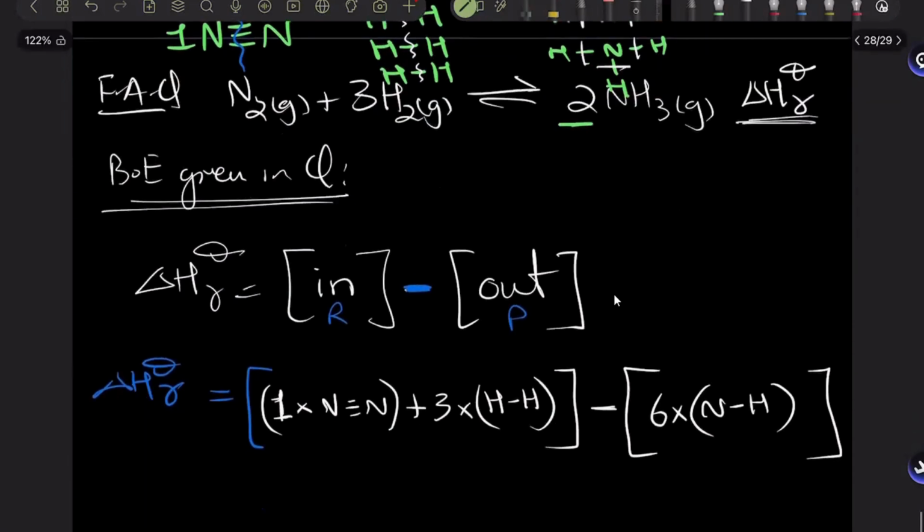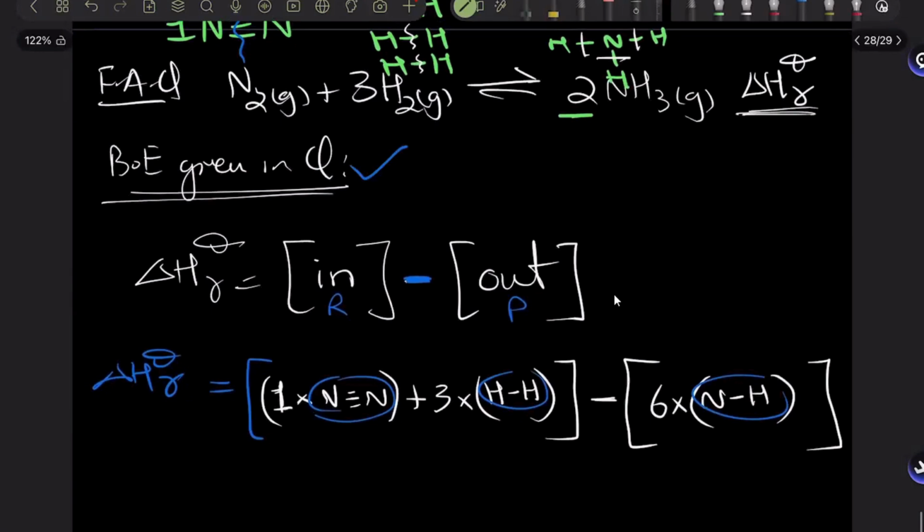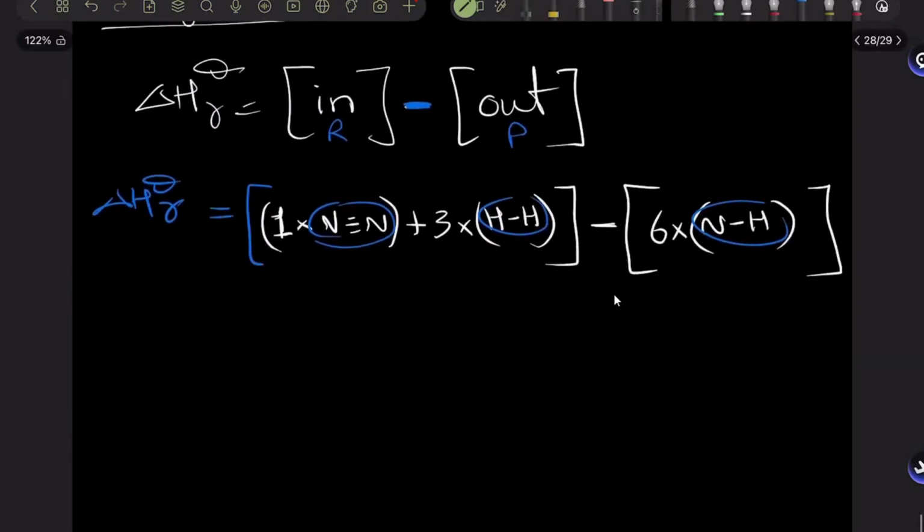I'll insert the bond energy value as it is because I've already catered for the negative sign for the release of energy. Once I know the bond energy values, which will be given in the question, I can find delta H naught of reaction by solving this equation.